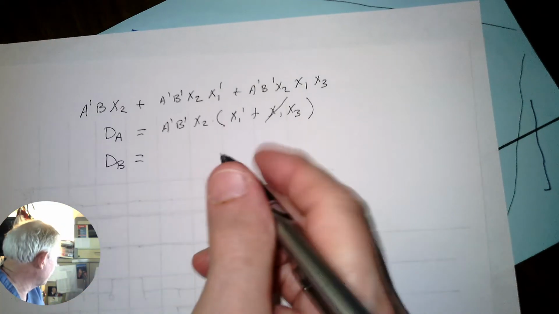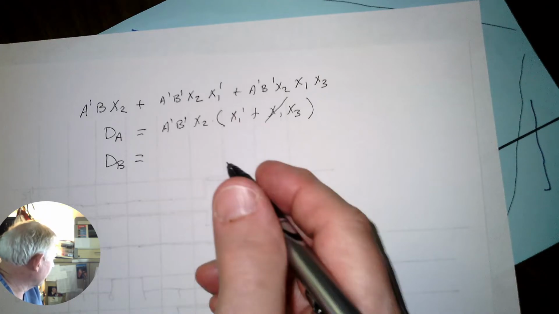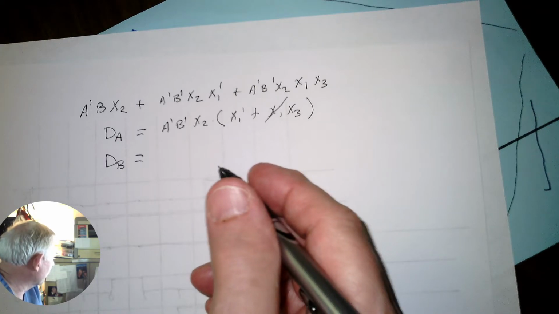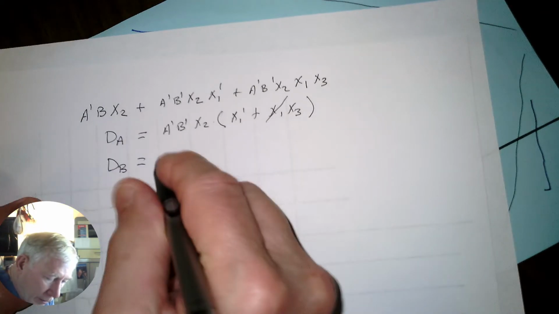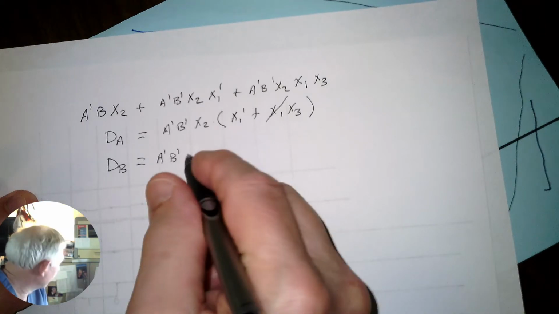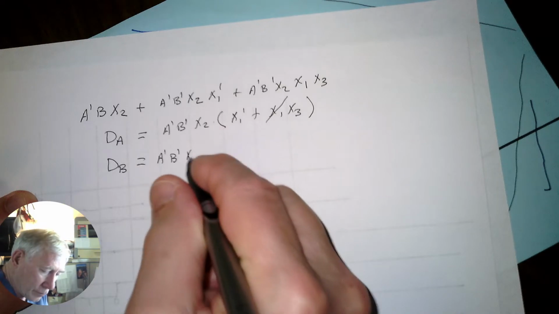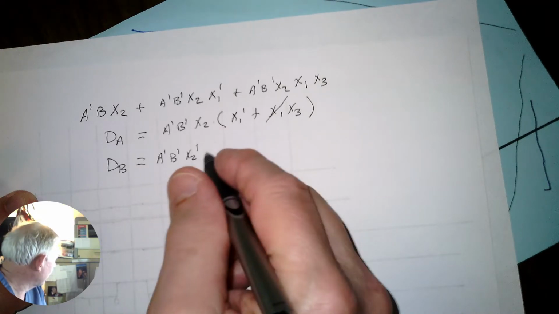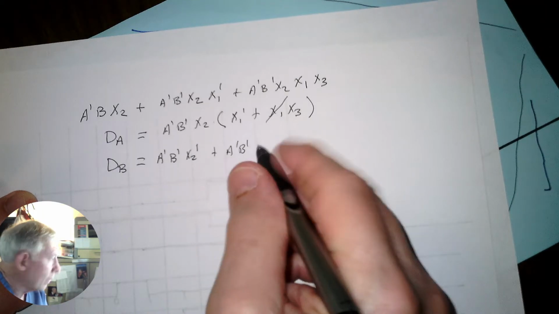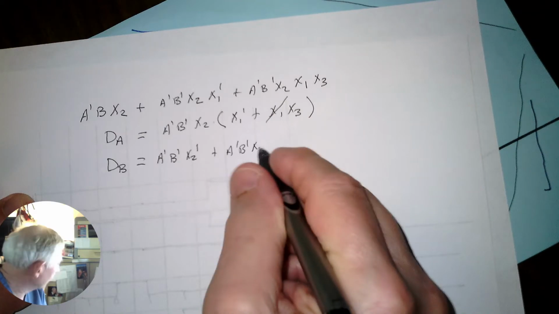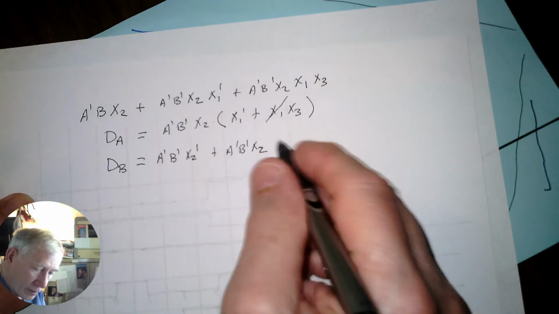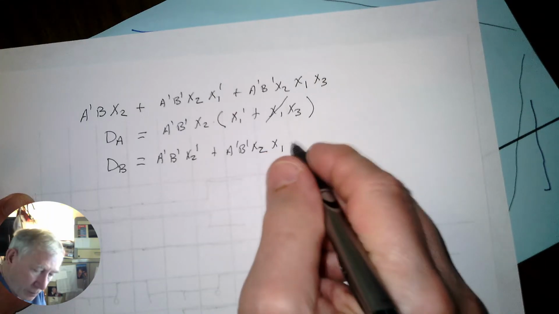And our D sub B is just going to be all the paths into S1. There are 3 paths into S1. 2 of them come from S0. So there's an A prime, B prime, X2 prime. That's one path. And then there's an A prime, B prime, X2, X1 and X3 prime.